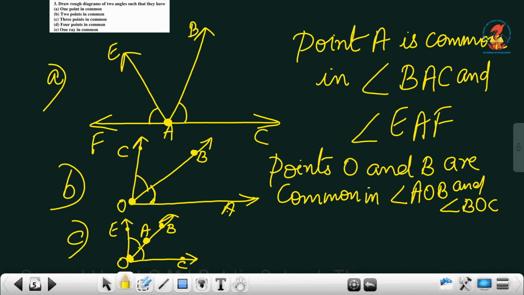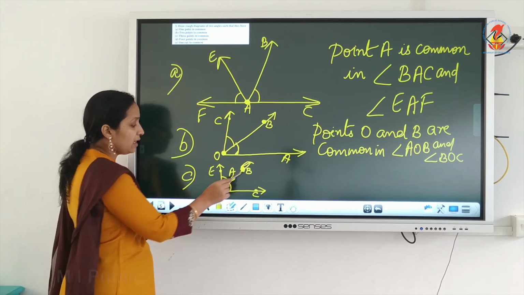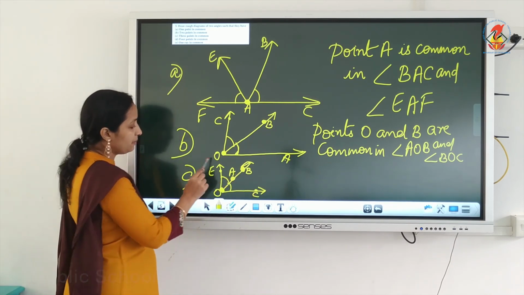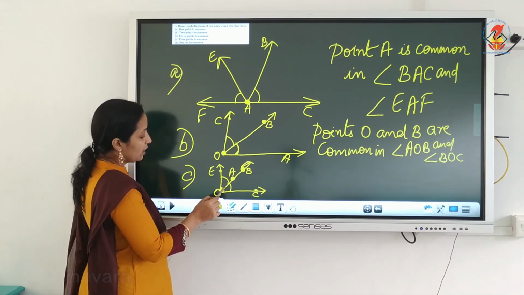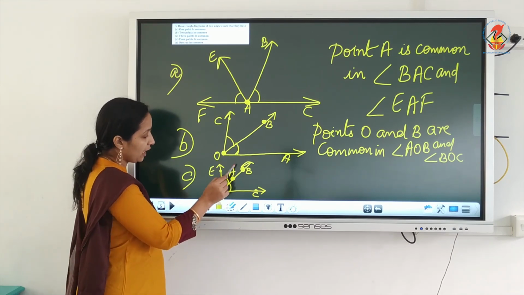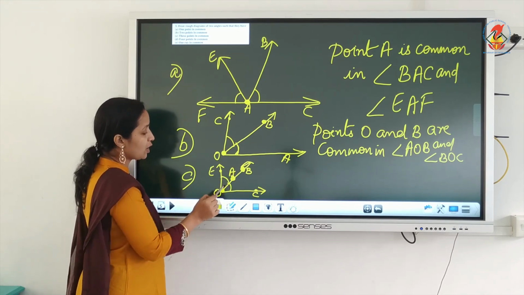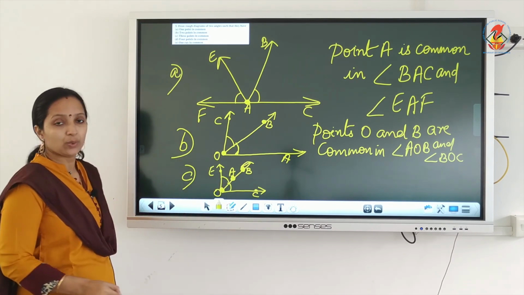Points O, A, B are common in angle BOC and angle BOE. I hope it's clear.